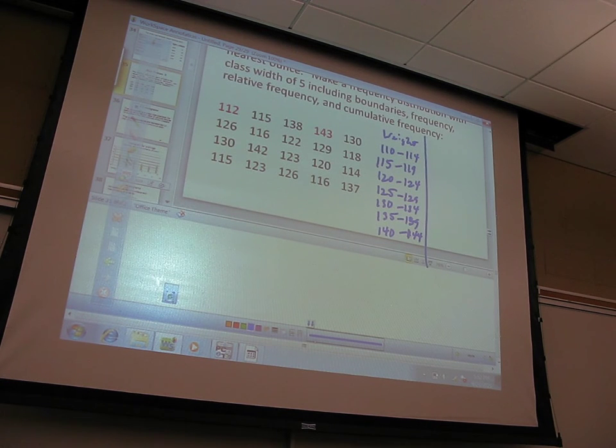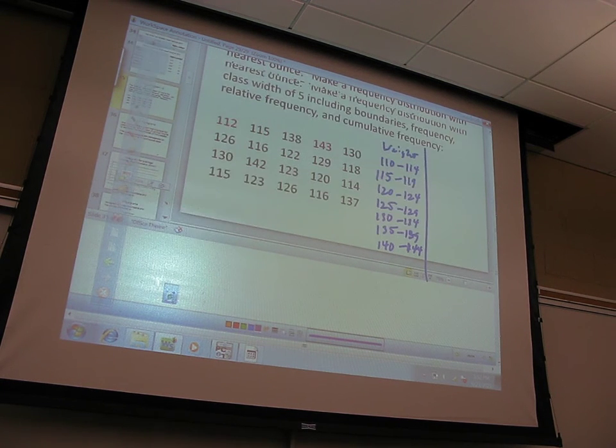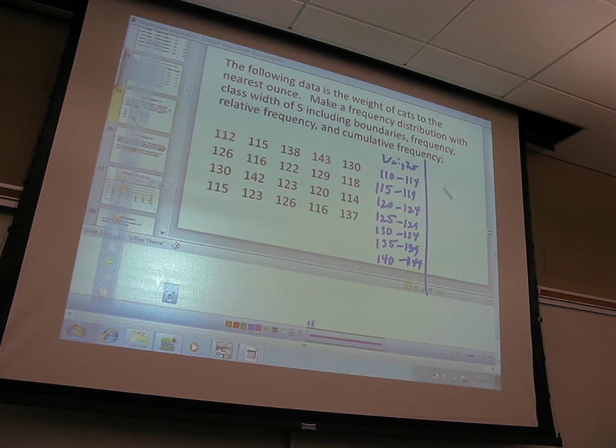And then what did you guys get for your boundaries? Okay, so again, boundaries, I would say 114.5. It's the same number you put down there. 119 has a 0.5 tagged on the end of it. Same number down there. 124.5. So this is what everybody has on theirs, I'm guessing, yes?